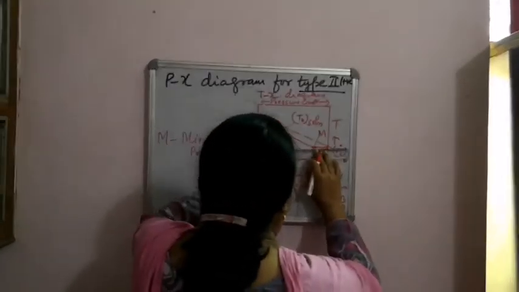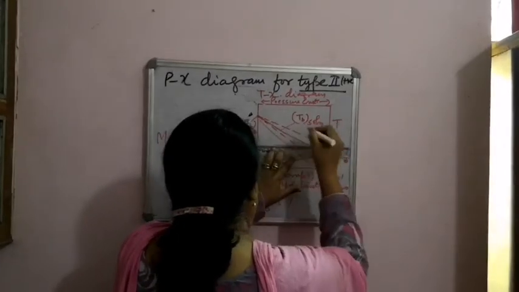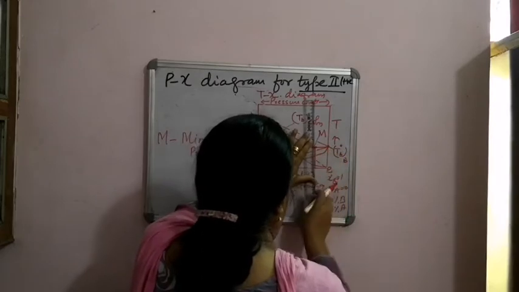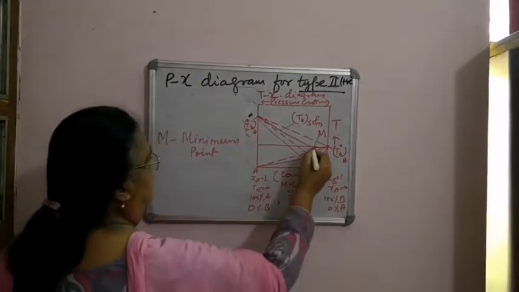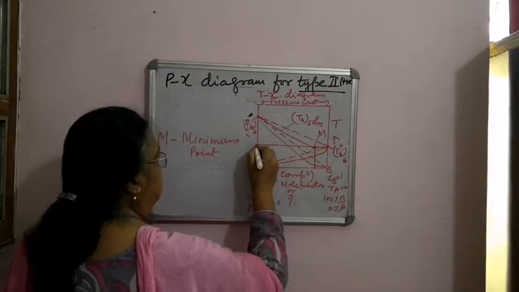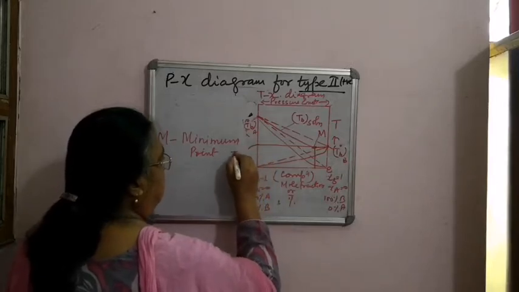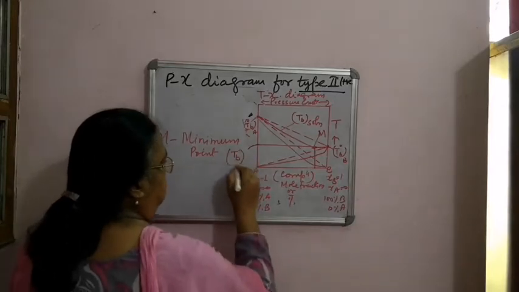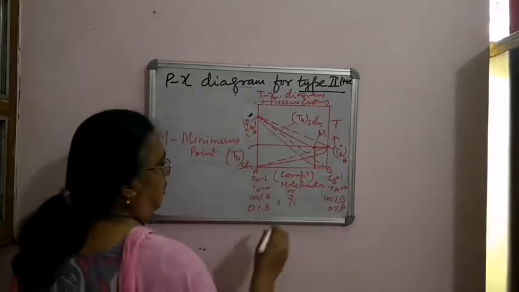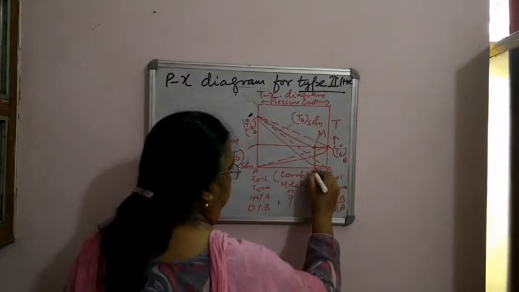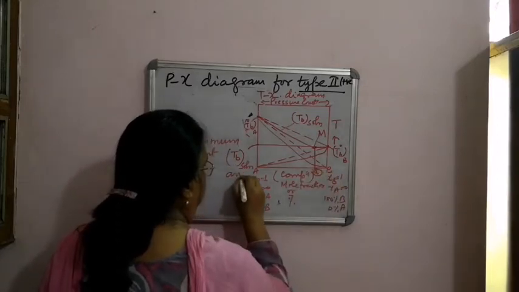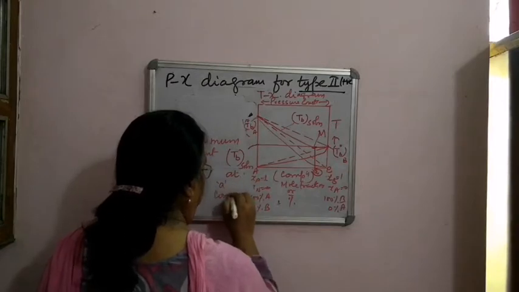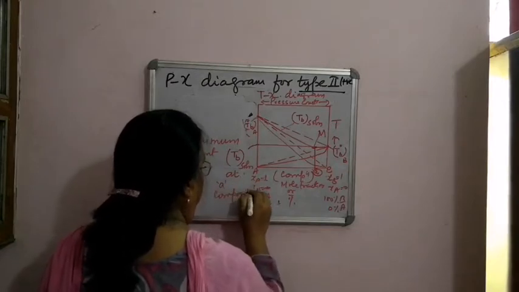If you draw a perpendicular from here to the temperature axis and the composition axis, this point indicates TB, the boiling point of the solution at composition A.